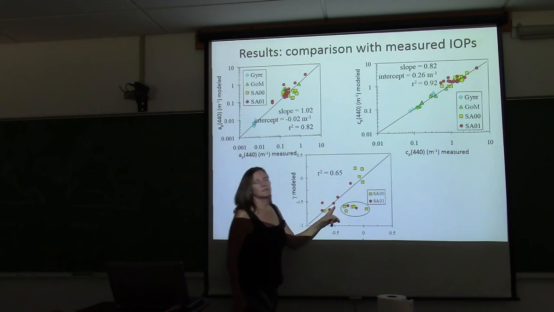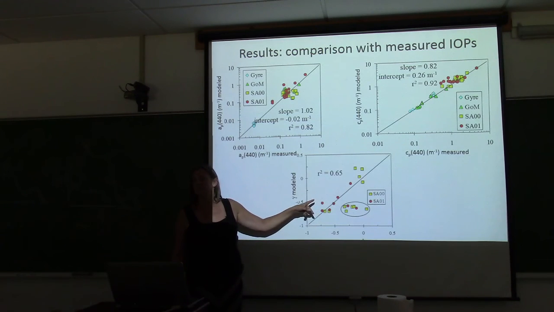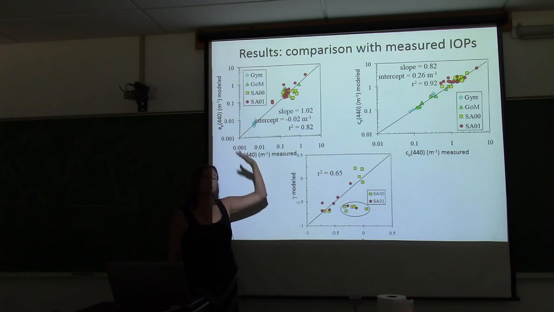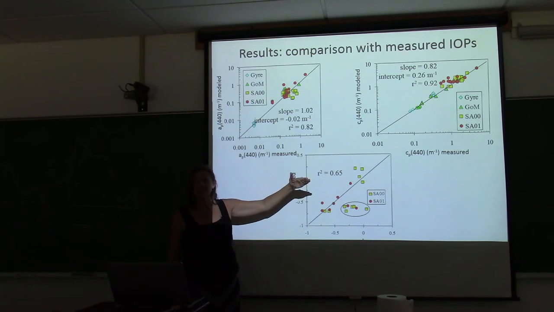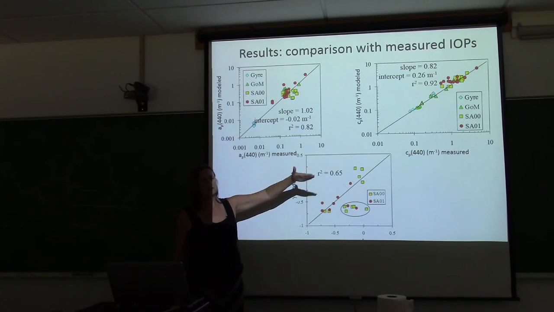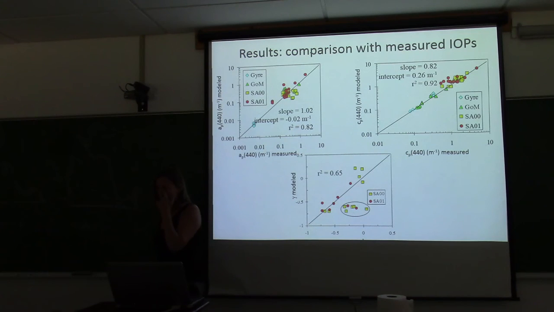And this is the slope of the beam attenuation. And so we were able to estimate the slope of C, which tells you what? What does the spectral slope of the beam attenuation tell you?